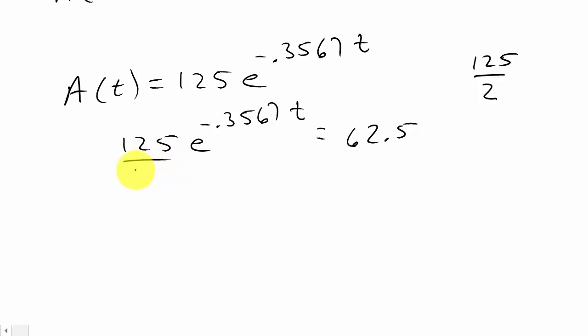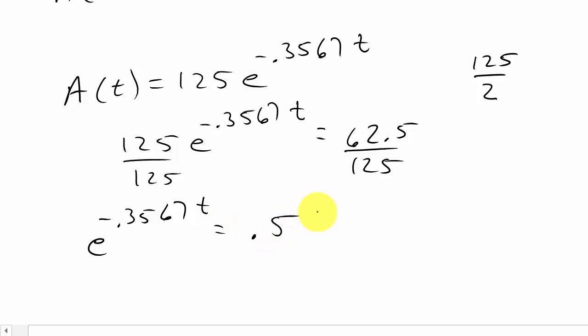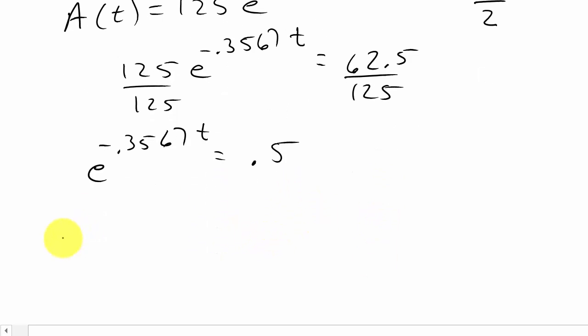So I'll divide by 125. I get e to the negative 0.3567 t equals 0.5. Then we take the natural log of both sides.